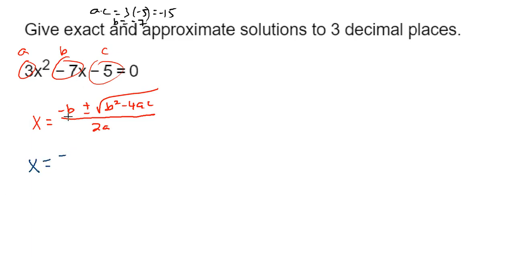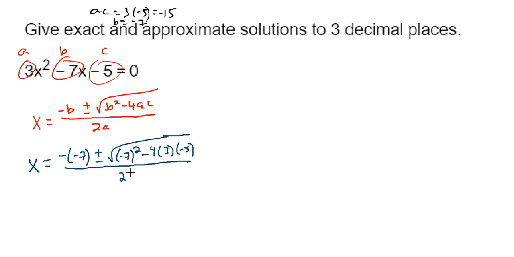We'll have negative b, which is negative 7, plus or minus the square root of b squared, which will be negative 7 squared, minus 4 times a, which is 3, times c, which is negative 5. The whole thing divided by 2 times a, which is 3. There's our solution.